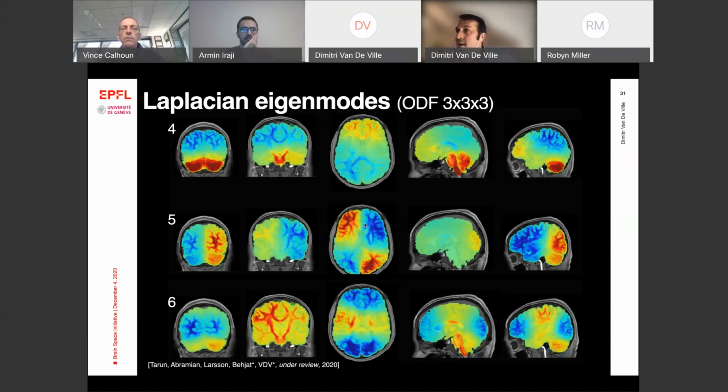So there has been work already in that direction, but we didn't use functional connectivity in a setting of graph signal processing, I mean, to define the graph. Only to.